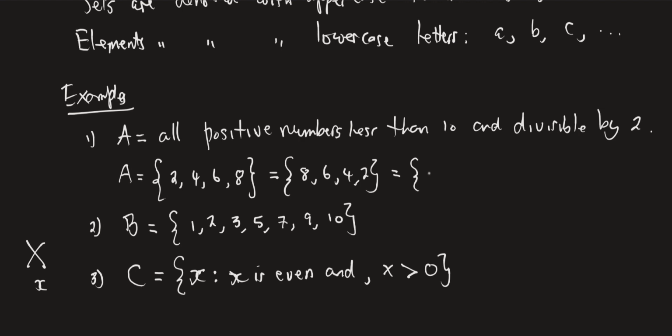So for instance, let's say I did 2, 2, 4, 4, 4, 6, 6, 6, 6, 6, and then 8, 8, 8, 8. That would also be the same set A, right? So it doesn't matter how many times you list the same element. It doesn't matter the order in which you list the elements. The set is still the same.